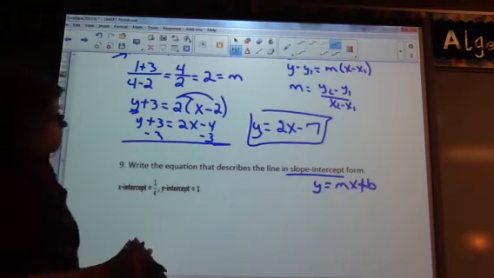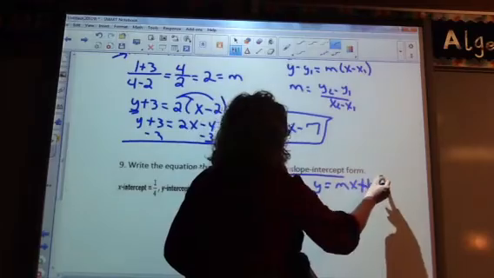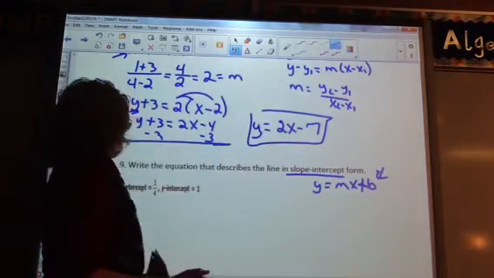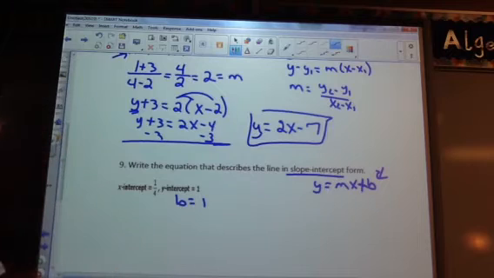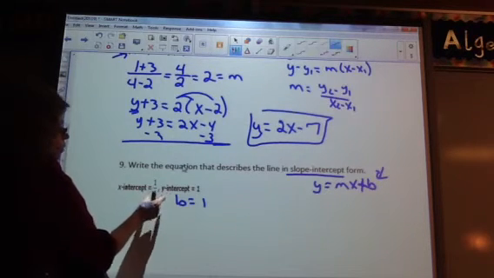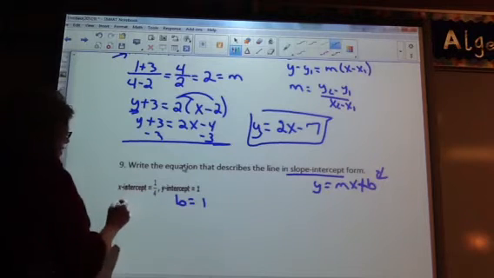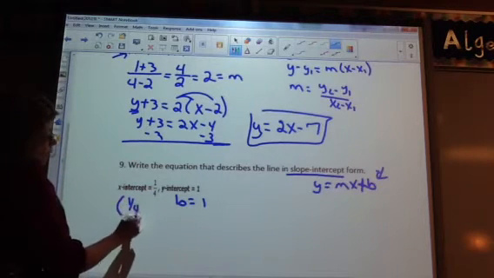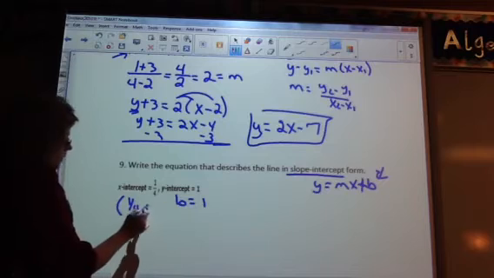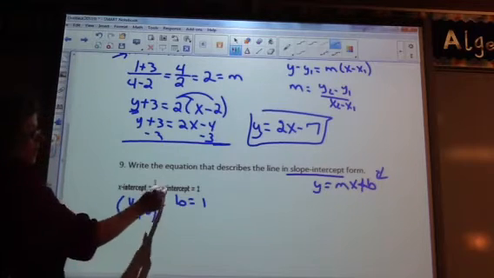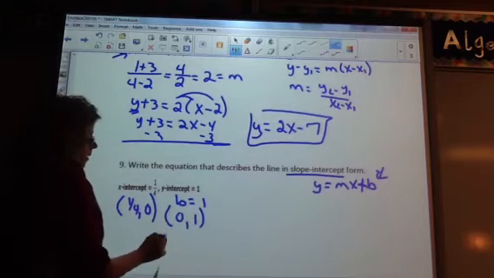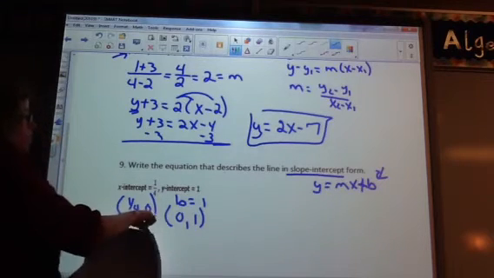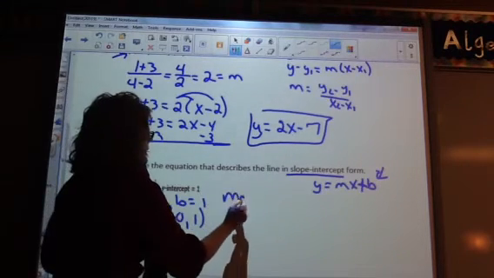Okay, so we're given our b. What do we need? Our b is our y-intercept. So we need to know what the slope is. Well, guys, can you make these into 2 points? Remember, on the x-intercept, if our x value is 1/4, what is our y value? Always 0. And then our y-intercept, if our y value is 1, what is our x? 0. So can we use these 2 points to find slope?